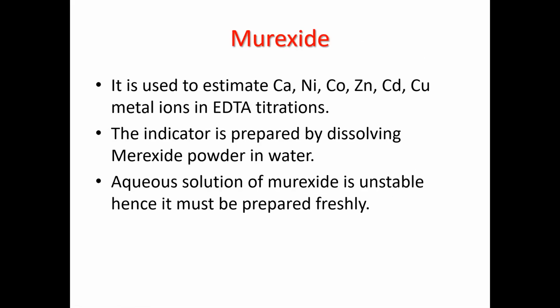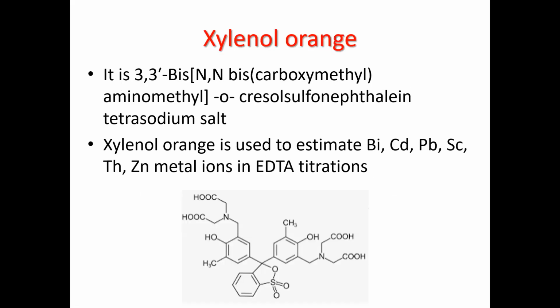The murexide also is used for EDTA titration of some metals like calcium, nickel, cobalt, zinc, cadmium, and copper. The murexide is usually dissolved in water, and because of this, it's not stable. It must be prepared freshly, unlike the ones that are prepared in organic solvents.